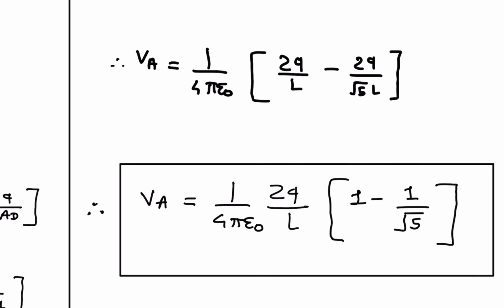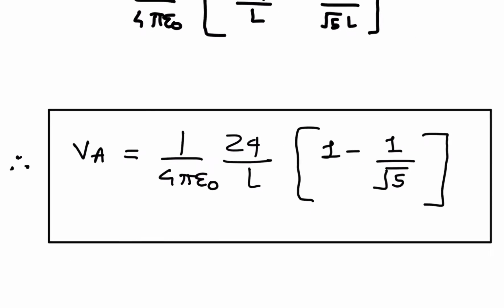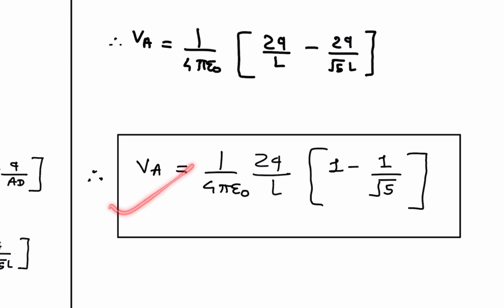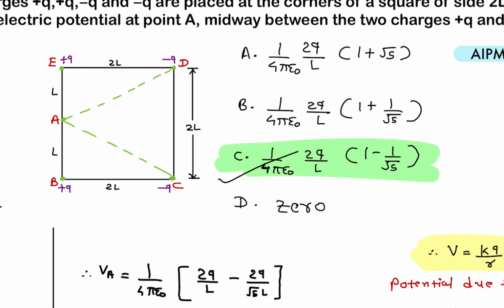Taking 2Q by L as common, VA is equal to 1 upon 4 pi epsilon naught, 2Q by L taken outside the bracket. In the bracket the remaining quantity is 1 minus 1 upon root 5. So our answer is VA equal to 1 upon 4 pi epsilon naught, 2Q by L, in bracket 1 minus 1 upon root 5.